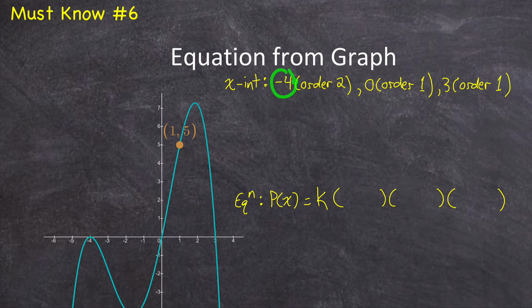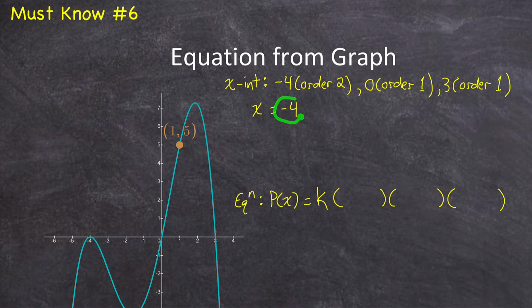And now we have to use each of those x-intercepts to figure out what factors go in the equation. Each of these x-intercepts would be a 0 of one of the factors that are in the equation. So let's start by figuring out what factor would be 0 if x was negative 4. To do that, I'll start with my answer. I know x is equal to negative 4 when some factor is set equal to 0.